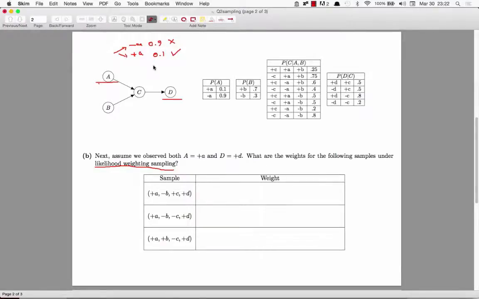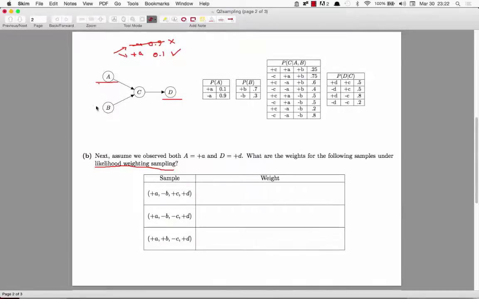And likelihood weighting tries to refine this, or get over this problem. Whenever we reach an evidence node, in this case A is an evidence node, we don't sample from it, we just assign the value which is given by the evidence.